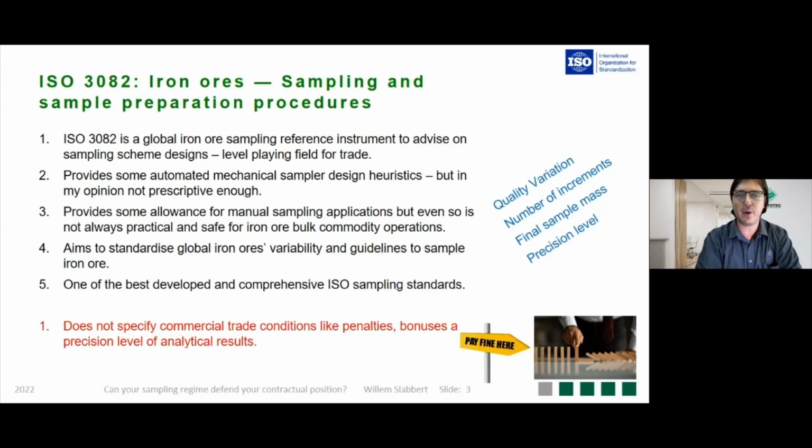The ISO 3082 is one of the best developed and most comprehensive ISO sampling standards. But none of the ISO standards, including this one, goes on to specify commercial trade conditions, like the penalties associated with precision level of measurement, or bonuses on those same parameters, and finally the precision level required for the analytical result.